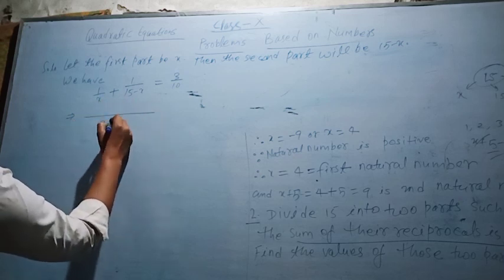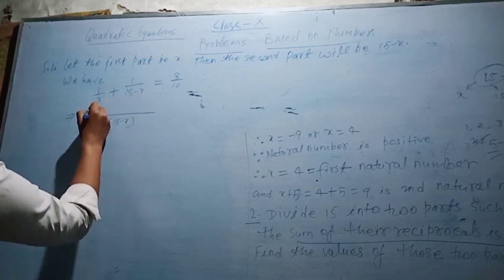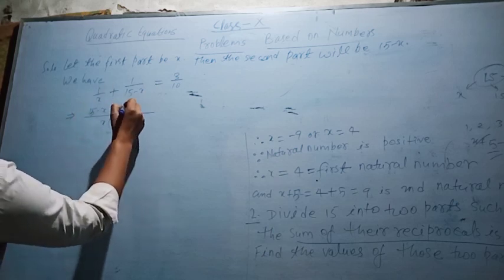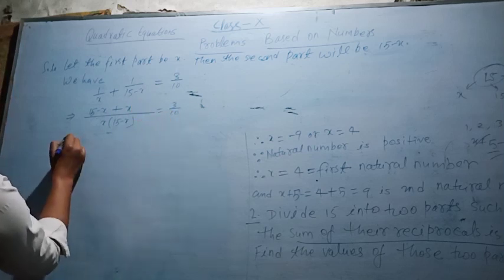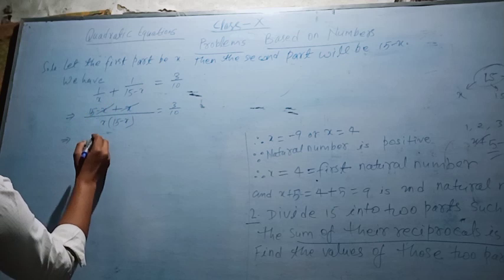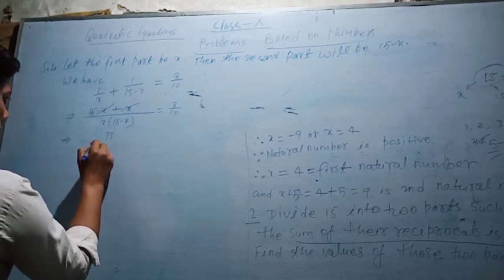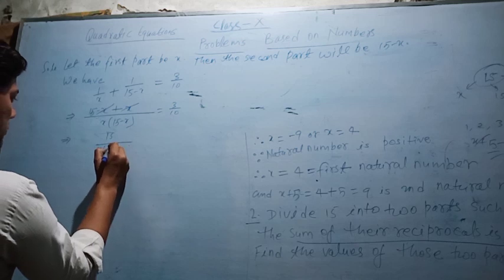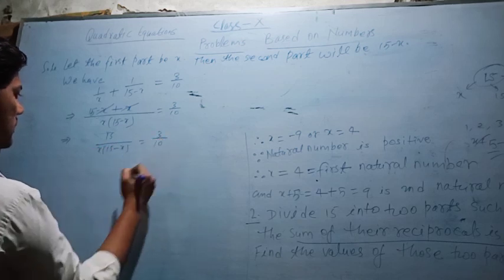LCM will be x into 15 minus x. So 15 minus x plus x over x into (15 minus x) is equal to 3/10. x will be cancelled, so 15 over x into (15 minus x) is equal to 3/10.